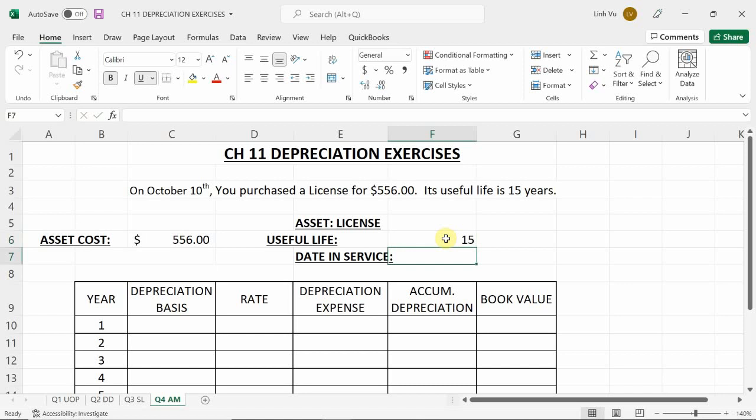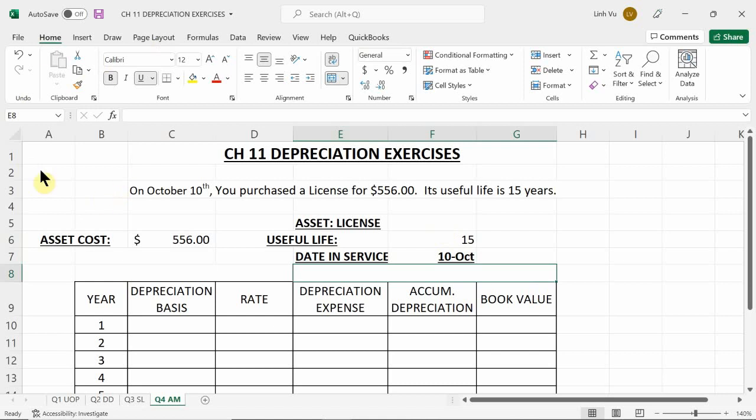And when did I place this into service? October 10th. The day that you purchase your intangible asset is the date it starts depreciating. So in this case, you're going to amortize for the month of October.